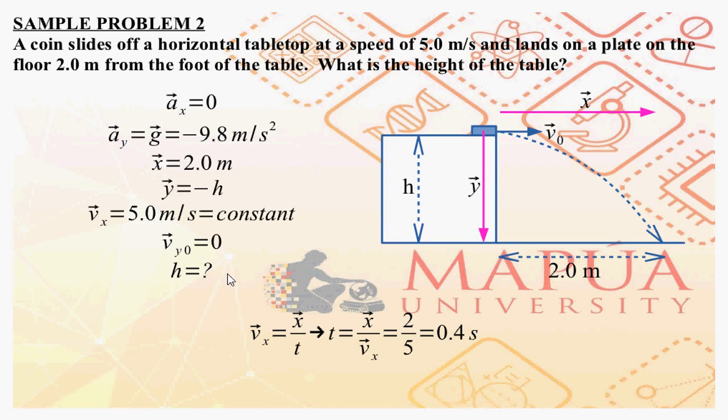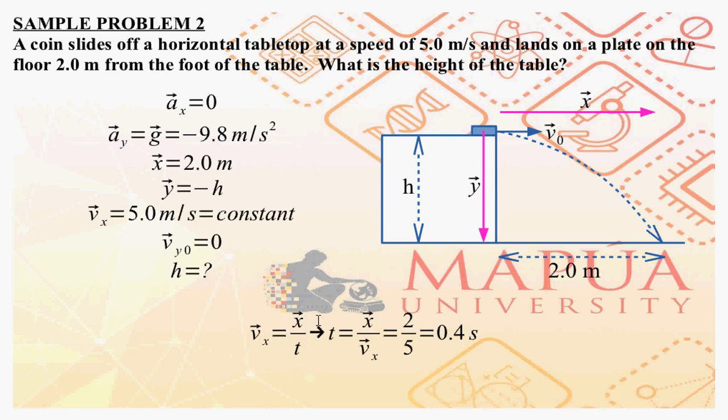So once again, after dividing the motion of the object and the variables into x and y component, analyze the x component, analyze the y component, and then use time t to unite the two analyses. Starting with the x component, Vx is constant, therefore Vx is just equal to x over t, uniform motion.